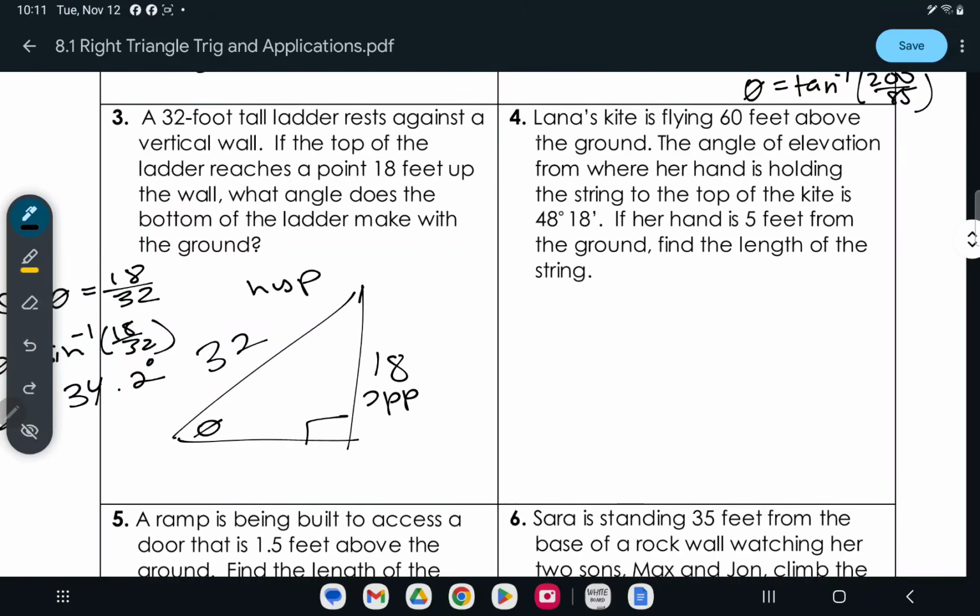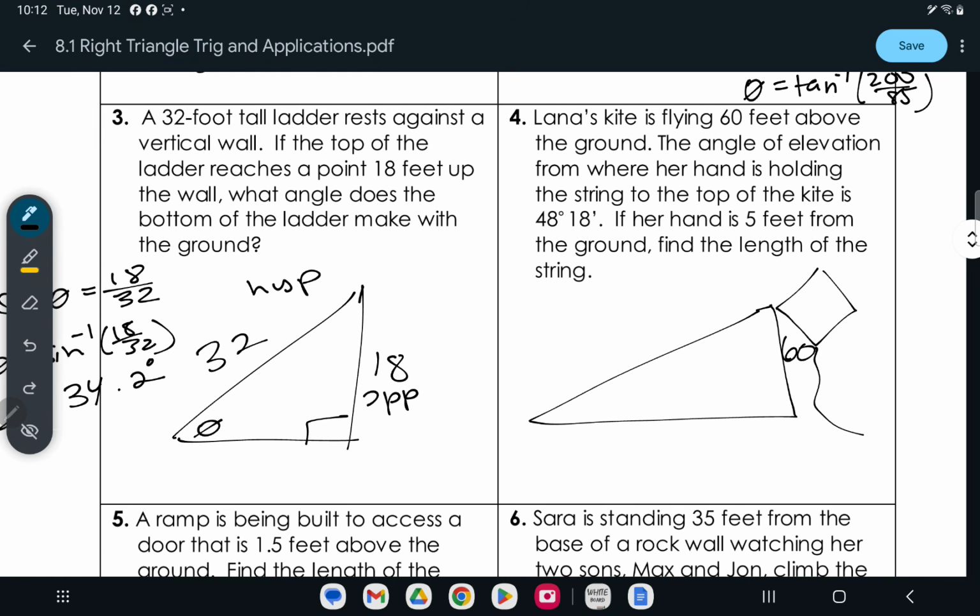All right. Lana's kite is flying 60 feet above the ground. So, okay. Here is my kite. My guess, we're going to do something like this. So 60 feet above the ground, the angle of elevation from where her hand is holding the string is 48 degrees 8 minutes.